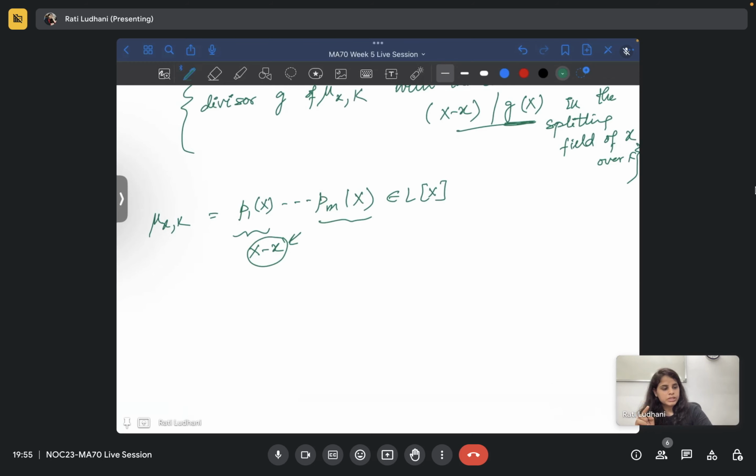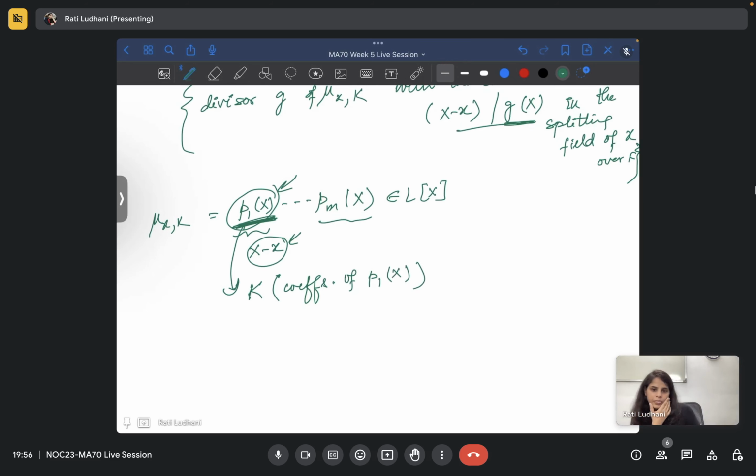Now let's say x minus alpha appears here, so we can take this to be the minimal polynomial corresponding to the coefficients coming up in this polynomial, right? You just take K with these coefficients of p1(x).